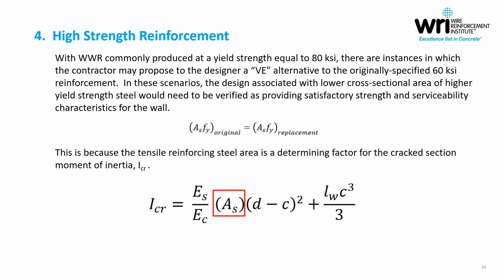There is certainly a benefit if you use a higher strength concrete, but always be checking those two, because they don't always balance out perfectly. Actually, it's rare for them to balance out perfectly.